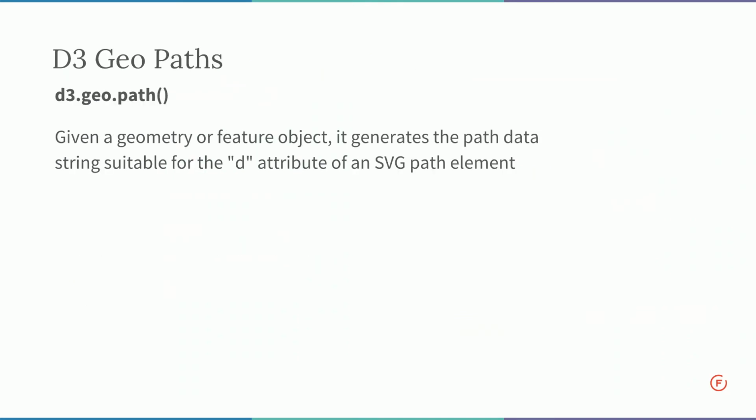So that's what this is saying here: given a geometry or feature object, it generates a path data string that is suitable to throw into the d attribute of the path element.